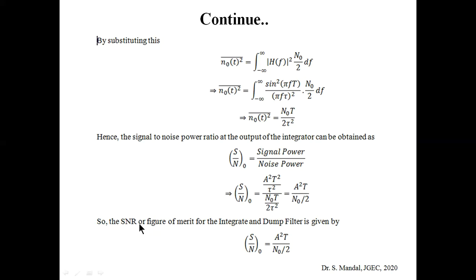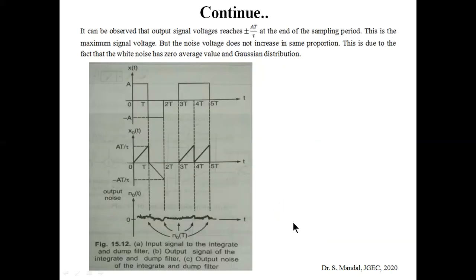So the SNR, or figure of merit, for the integrate and dump filter is given by A²T by N0/2. I hope you have no problem. This is a quite simple mathematical equation, so you just need to calculate it stepwise.